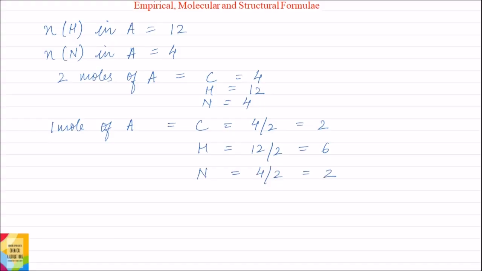So if 2 moles of A has 4 moles of carbon, then 1 mole of A will have 4 by 2 moles of carbon. Likewise for hydrogen and nitrogen. Therefore, the molecular formula of A will be C2H6N2. This is the answer to the second part of the question.